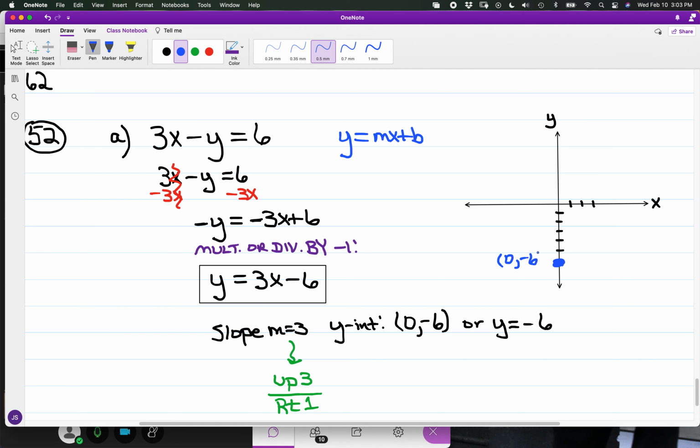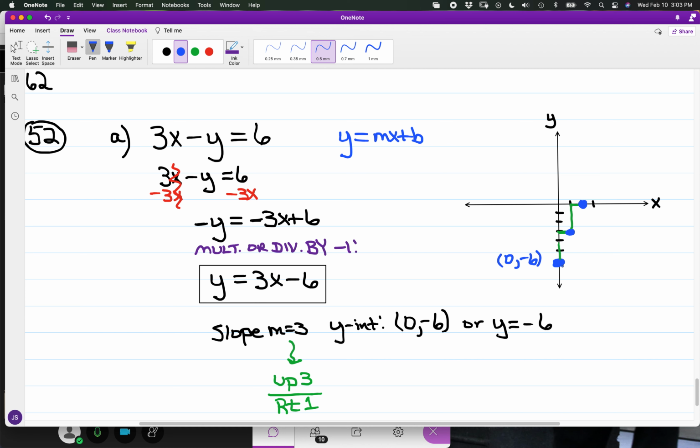If I go through the cycle, going up 3, right 1, I'm going up 3, and then to the right 1. Let's have another point. I'm going to do likewise, going up 3, and then to the right 1. I have yet another point.